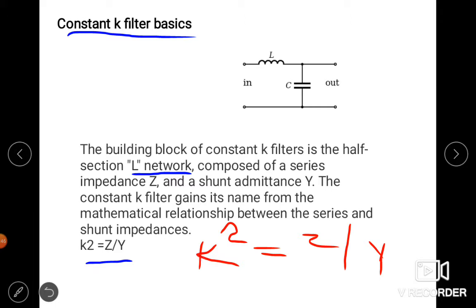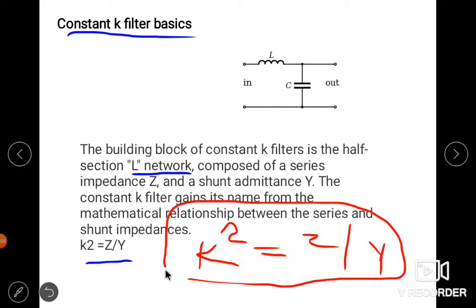So the building block of the constant K filter is the half section of the L network, composed of the series impedance Z and the shunt admittance Y. K is the constant K and the value is given by this formula, so you can find out the value of K, right? Then this is one section of your filter, right?